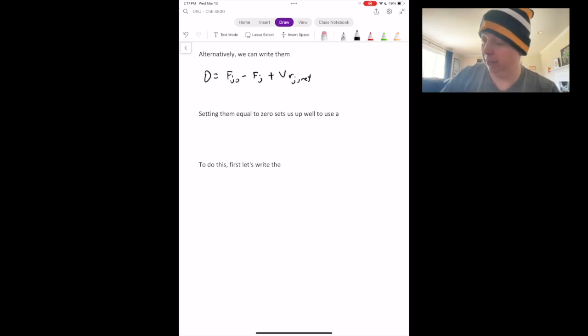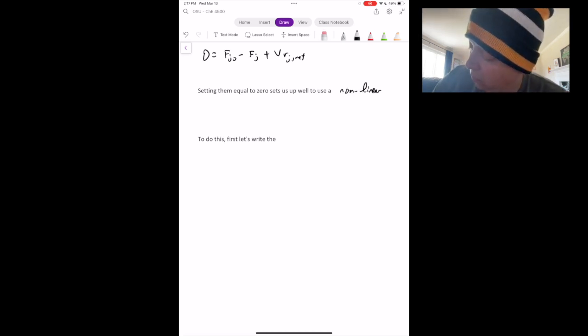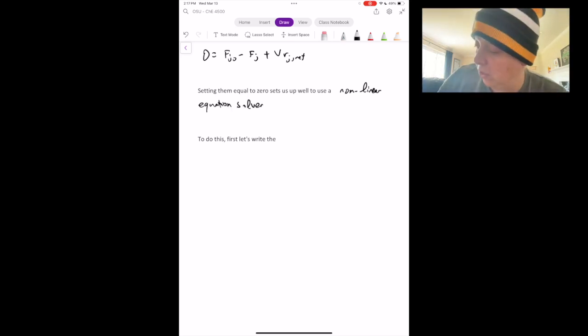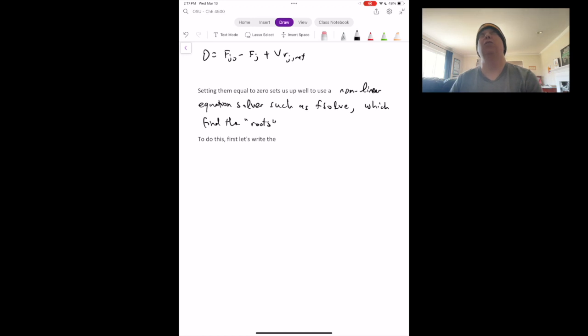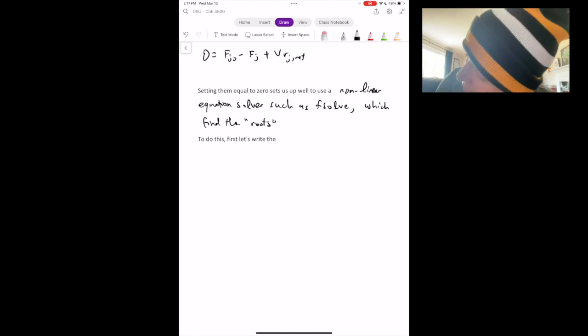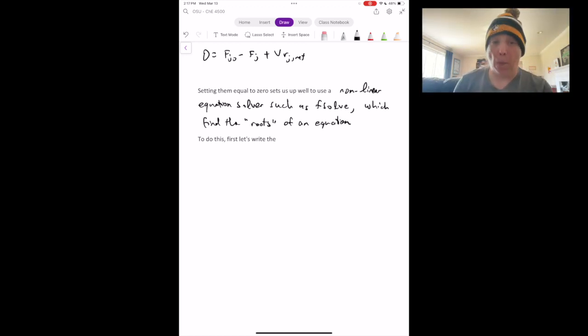Setting them equal to 0 sets us up well to use a nonlinear equation solver, such as fsolve. And what these nonlinear equation solvers do is they find the roots of an equation, which is why they want you to set them equal to 0.